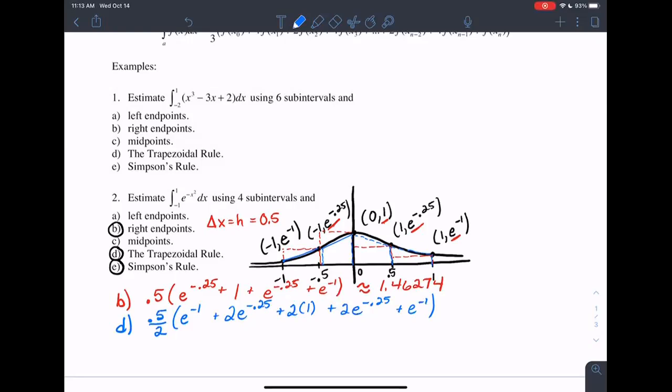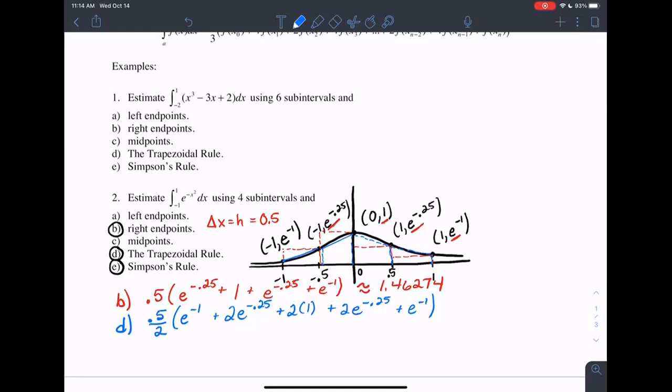So I'm going to go in here. I've got 0.5. I need to divide that by 2. Then times, so I see 2 times e to the minus 1 in parentheses, and I see 2 times 1, and I see 2 or 4 times e to the minus 0.25.